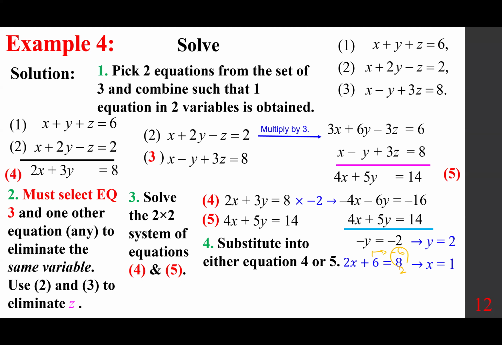Now what? Now we go back to one of the original equations, and we find the missing variable. We already have x, we already have y. What is missing is z, and we are going to use one of the original equations. For example, this seems to be the easiest.